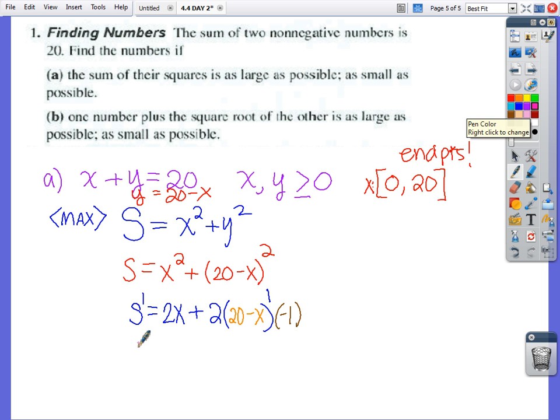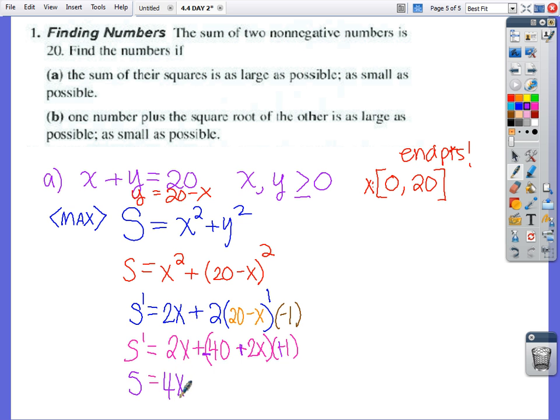Let's simplify that, and we get 2x plus 40 minus 2x, and then we're going to times that by negative 1. This would turn into a negative, this would turn into a positive when I distribute that negative symbol, so we get 4x minus 40. Alright, so there is my first derivative.